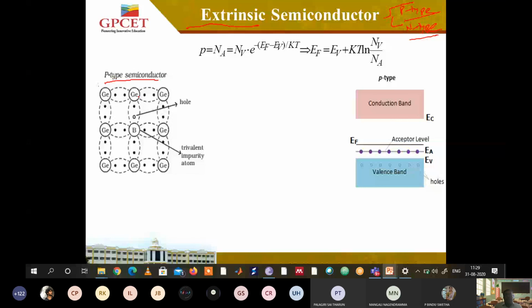Now I am adding some extra impurities or extra energies to germanium or silicon. I told you already, if you add some extra energies or atoms to a pure or intrinsic semiconductor, it will form an extrinsic semiconductor.